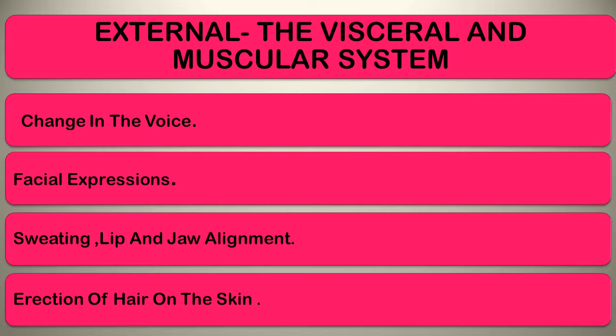We have seen that physiological change is an automatic reaction that takes place in our body in response to some stimulus. For example, if you saw a snake, the brain at the cognitive level perceives the stimulus as danger.